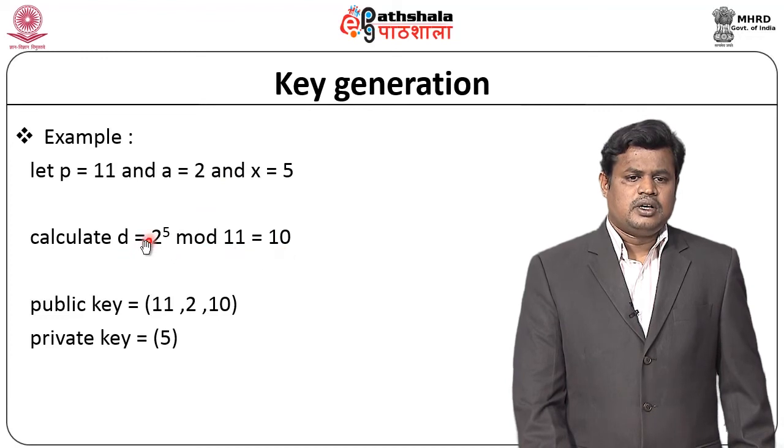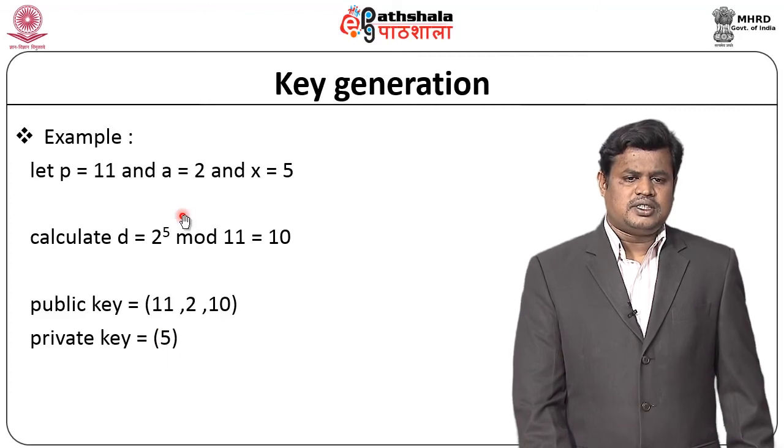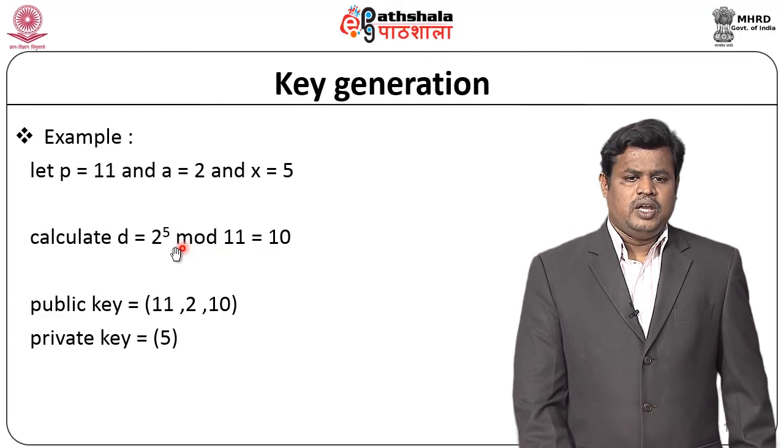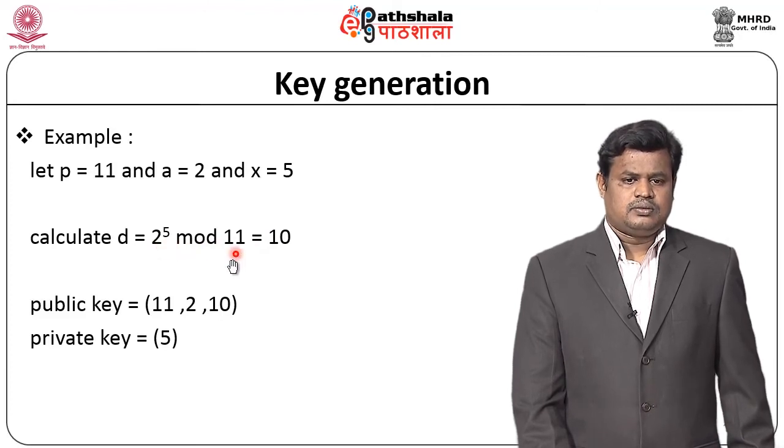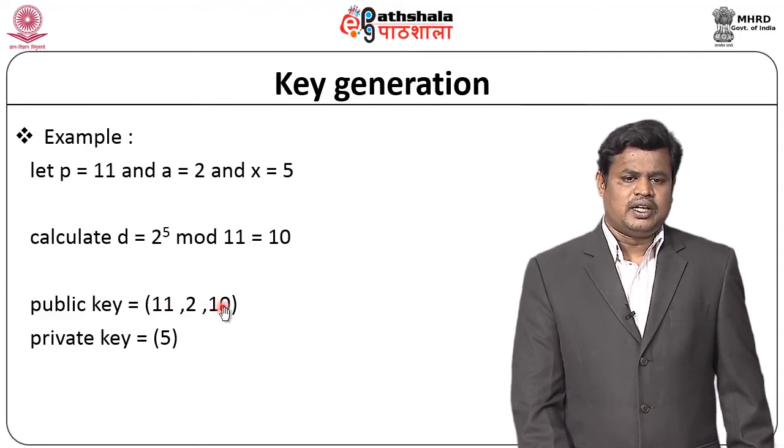We already know x is the secret information that is kept on the receiver side, whereas at the sender side I need to share the information 10, that is E2, along with E1 and P. So E2, E1 and P are sent publicly, whereas the private key 5 is kept secret on the receiver side.